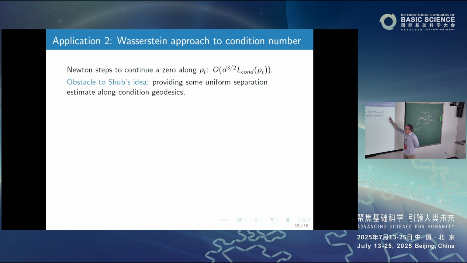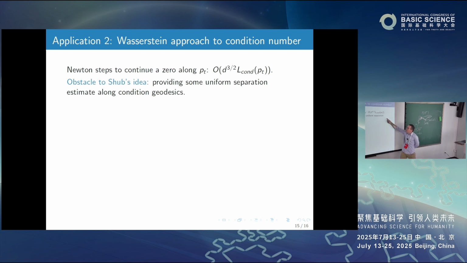And there is a series of incredible papers on this Shub-Smale 17th problem. That is the Shub-Smale saga. There are 6 papers, and in one of those 6 papers, they prove that if you give me a curve Pt of polynomials, the number of Newton steps to continue these zeros along Pt will require this quantity as a time.